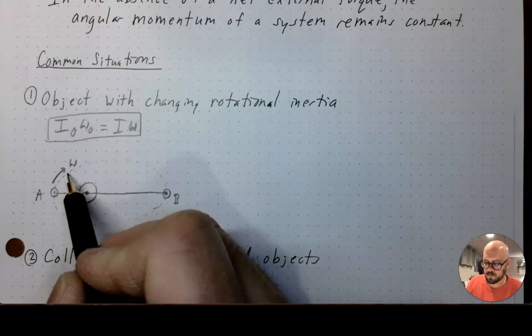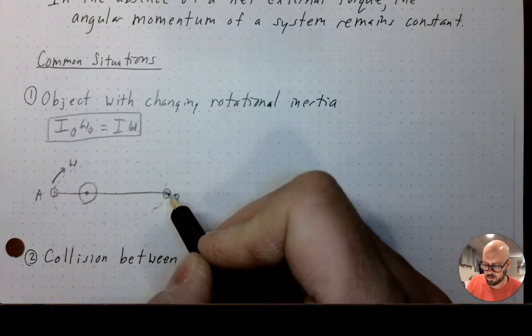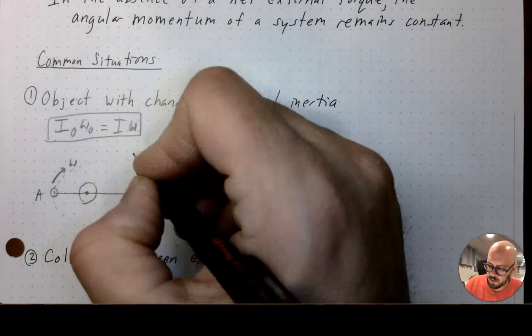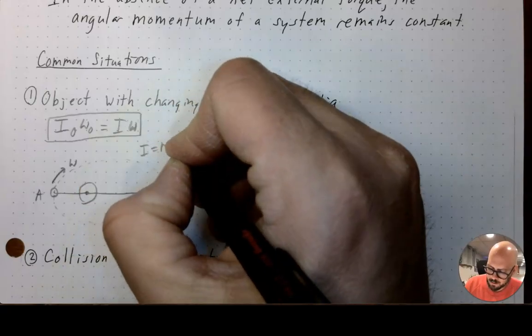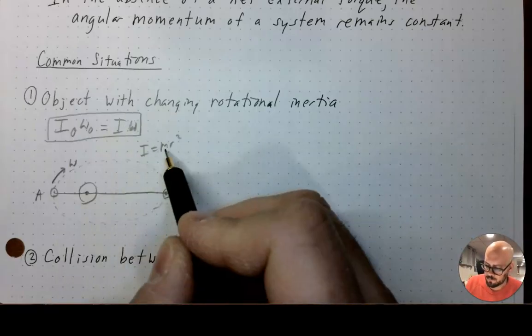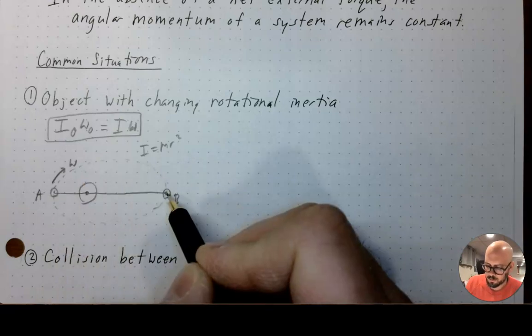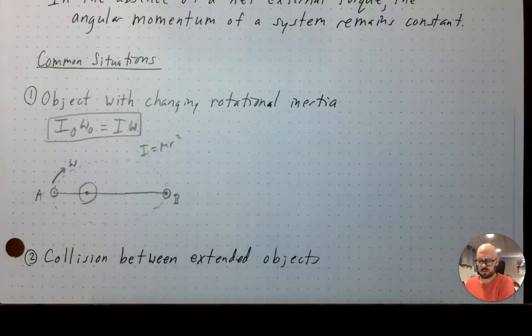So the planet gets further and further away from the sun along this path, and then along the path back, it gets closer and closer. Well, rotational inertia for this planet is just going to be m times r squared. The mass of the planet is constant, but that value of r gets bigger and bigger as it goes from point A to point B. So as the rotational inertia goes up, the angular velocity goes down.